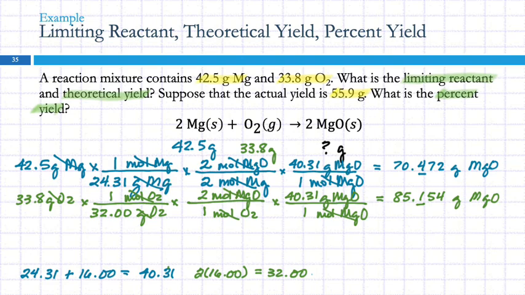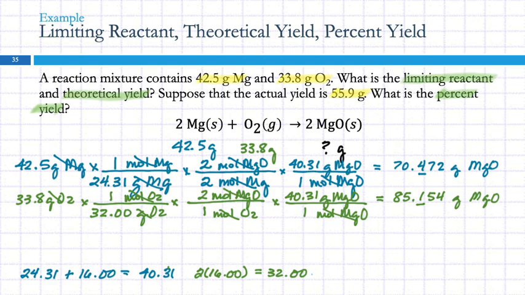The smallest one. Because we understand that when we get to the smallest one, one of the ingredients has run out. This is the smallest answer. When I make 70.472 grams of magnesium oxide, I've used up all the magnesium. I can't make any more.